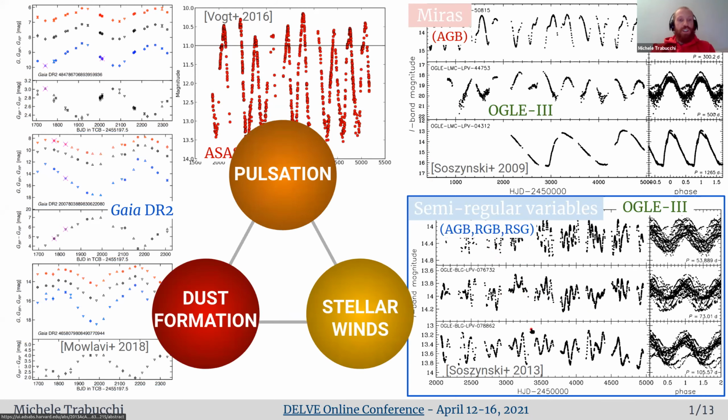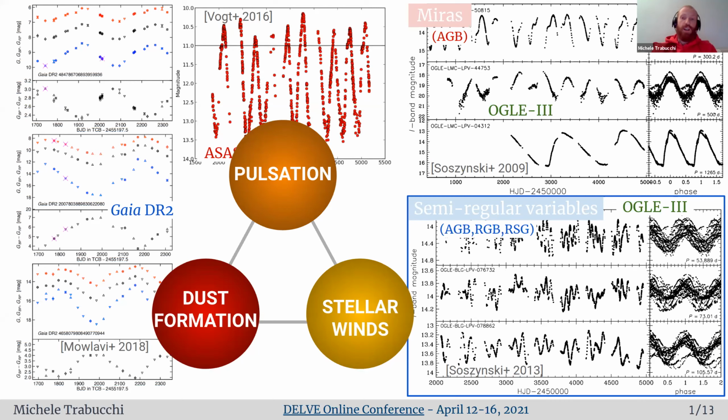The importance of pulsation in the evolution and death of these stars and in shaping the chemistry of the interstellar medium was already stated in previous talks, and I'm sure it will be remarked throughout this conference. But pulsation is also important for a number of other applications. It can be used for studying the structure and dynamics of stellar interiors, and for inferring global stellar parameters from variability observations.